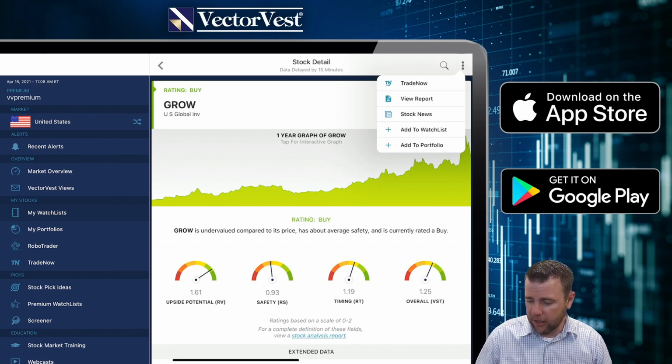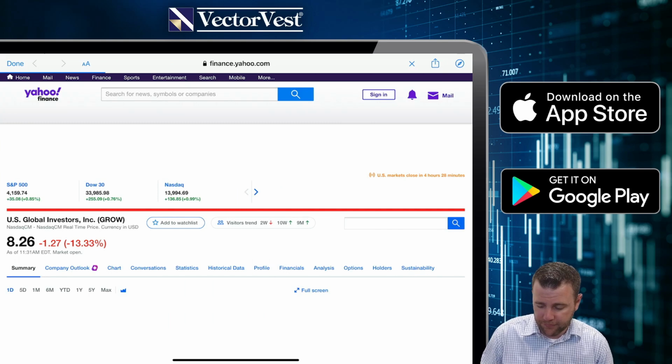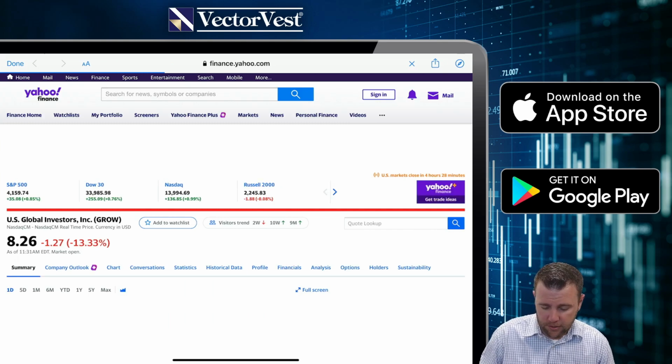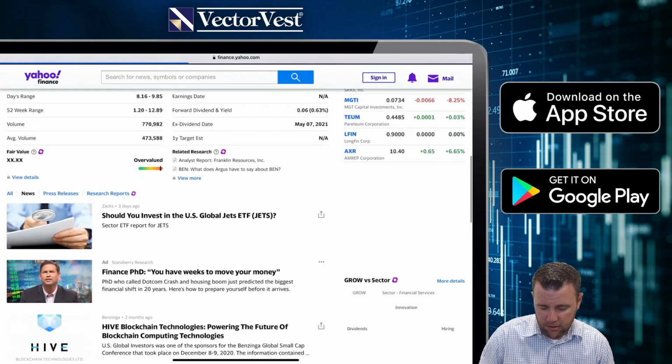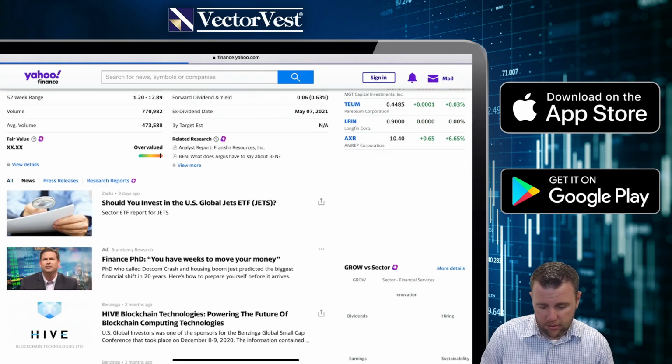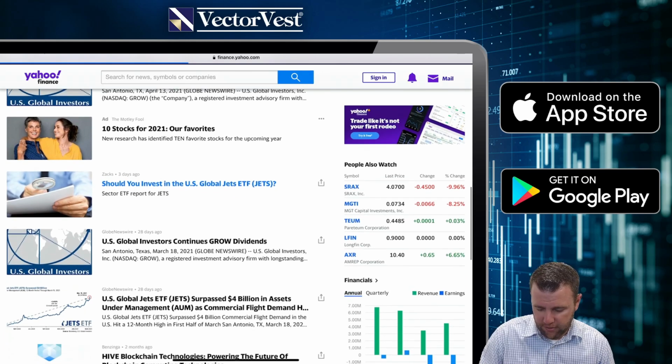If we go to the stock news, let's see if we can find out what's going on with this one. All right, so we scroll down. Just let it load up. Launches its airline jet ETF. That doesn't really seem like a big change there.